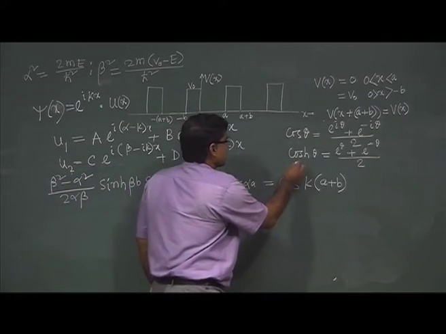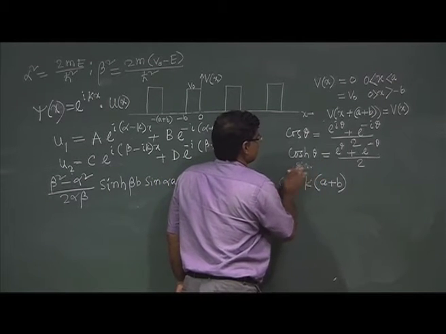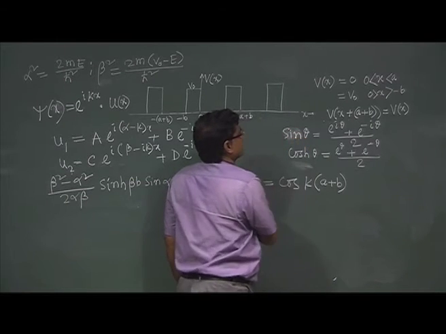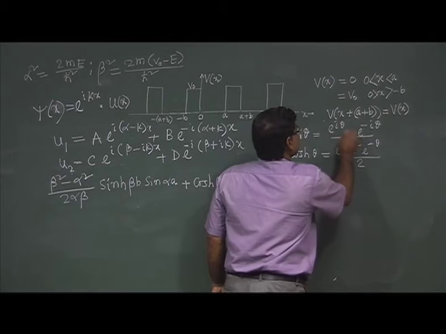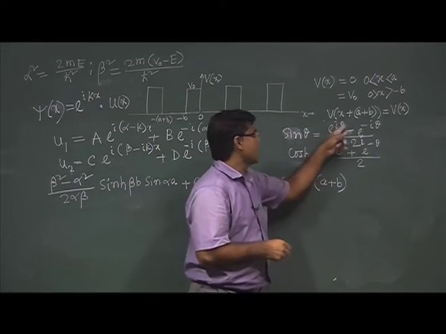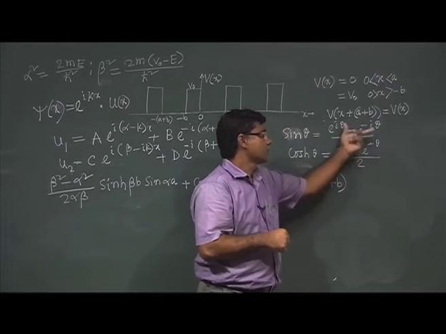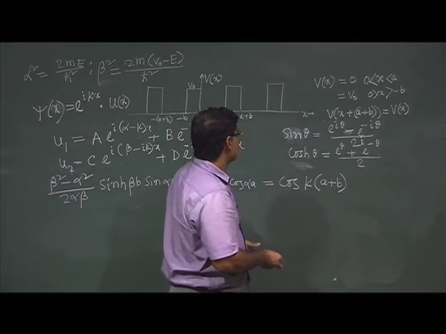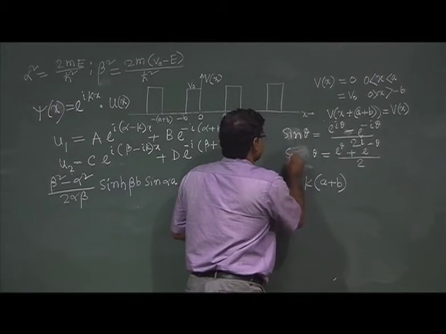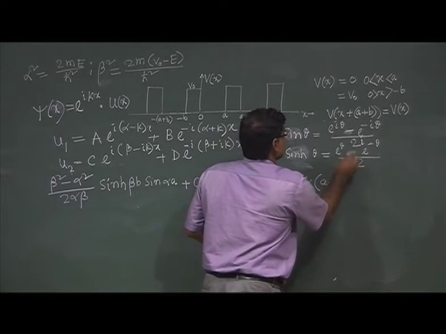Similarly for sine theta, it is minus, and divided by 2i, because e to the power i theta equals cos theta plus i sine theta. So from there one can get it. Similarly for sine hyperbolic, it will be just minus.